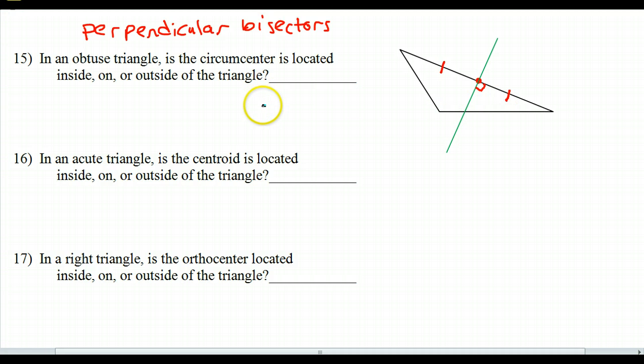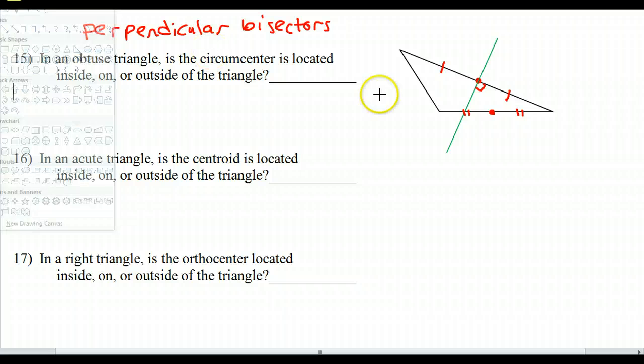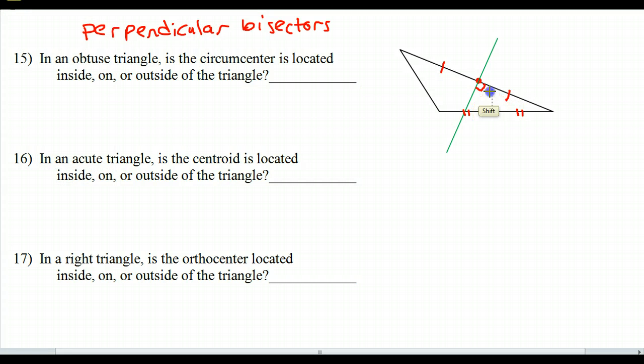So there's one perpendicular bisector. Let's make another perpendicular bisector, and that will show us if it is inside, on, or outside the triangle where they meet. So let's do this side, for example. So this would be about the midpoint of this side, you know what I mean? Because about like that. So I need another perpendicular, so let's do that. So perpendicular to this would be like one of these.